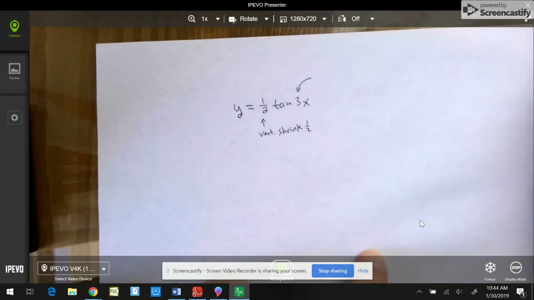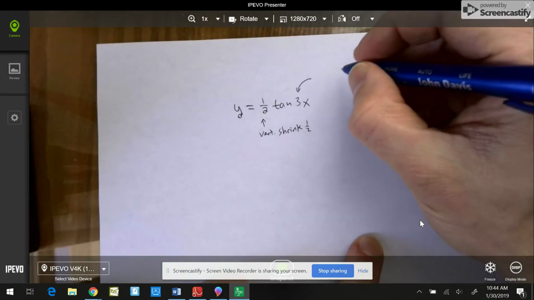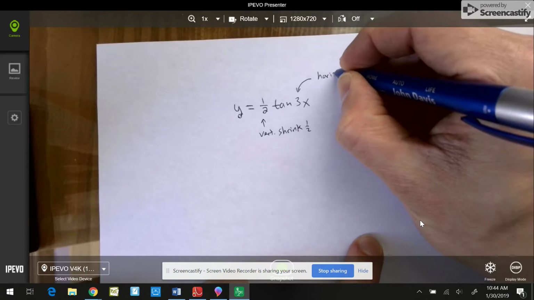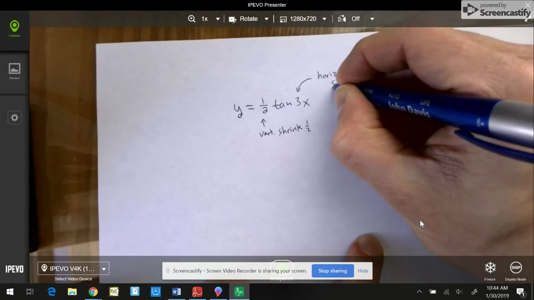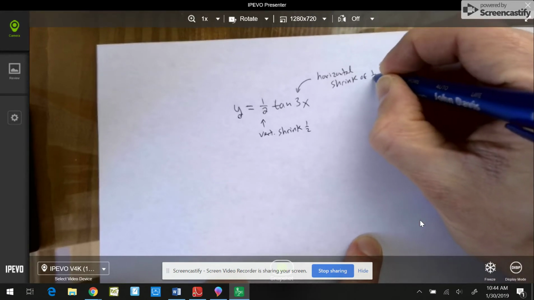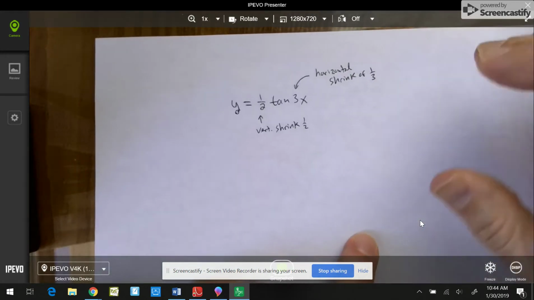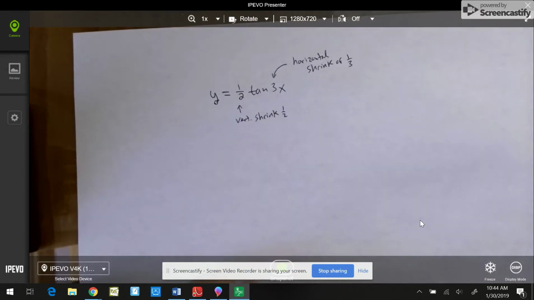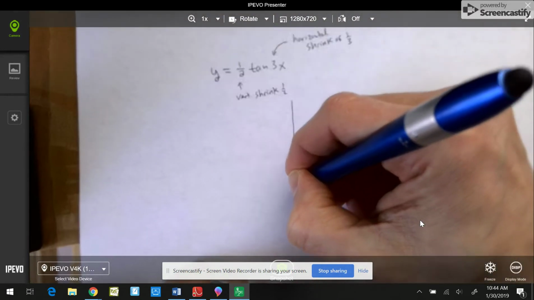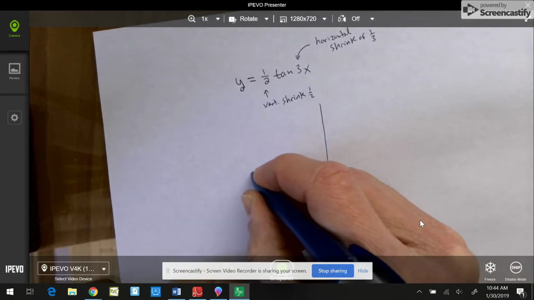Well, right here we have a horizontal effect going on, and it's going to be reciprocal like we're used to, but it's a horizontal shrink of 1/3. So what we're going to do is sketch this here, and this is kind of how you guys will do it with your homework. You'll take your coordinate plane and try to draw that here.